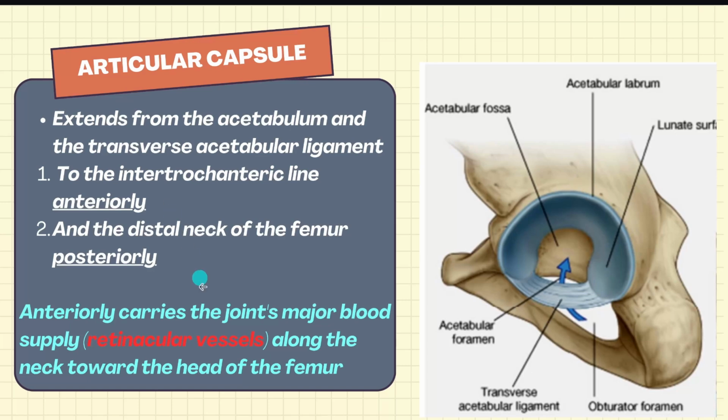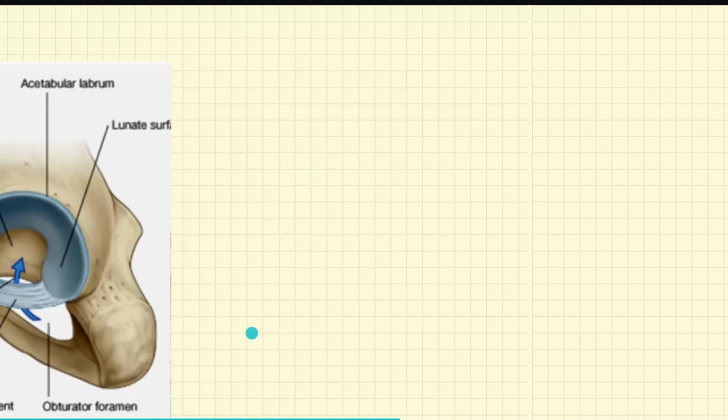Anteriorly it carries the joint's major blood supply, which is the retinacular vessels. So you're going to have anteriorly the retinacular vessels along the neck towards the head of the femur.